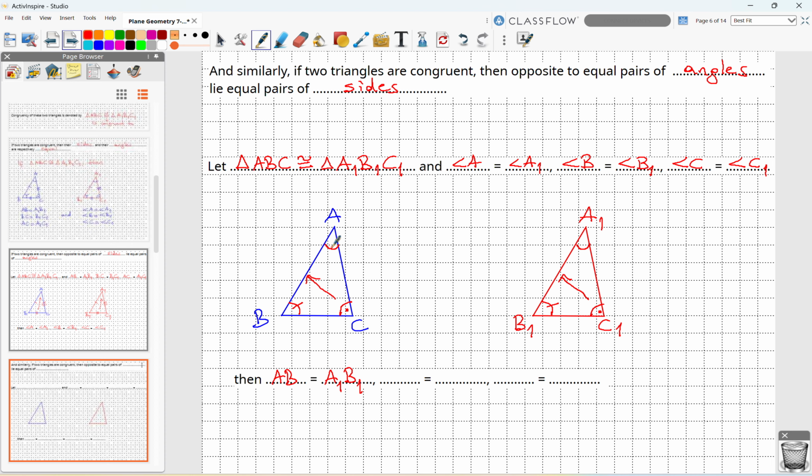Similarly, for the other pair of equal angles, A and A1, the opposite sides are BC and B1C1. So the next pair of equal sides should be BC and B1C1. And similarly, AC should be equal to A1C1. These are the sides opposite to the last pair of equal angles, which are B and B1.